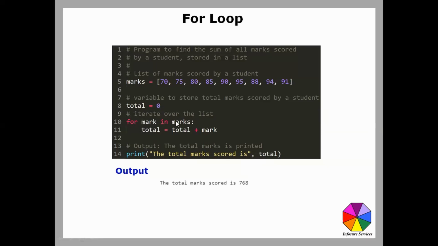For mark in marks, total is equal to total plus mark. Each mark is going to be added. So when this loop finishes, you get the total of all these marks, and print the total marks. A simple program to calculate the total marks of a student.